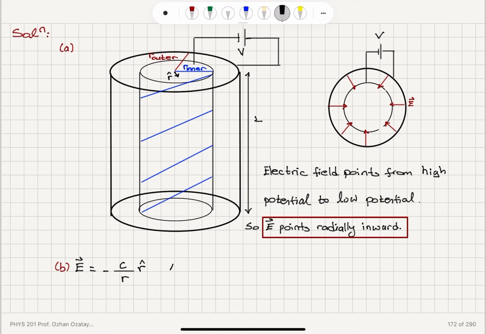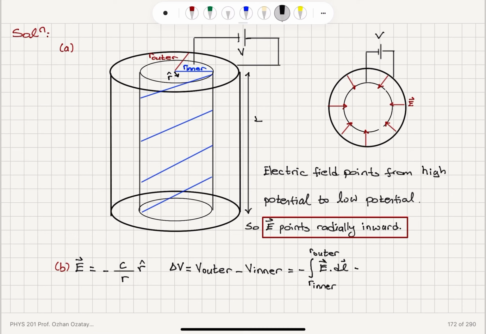The potential difference delta V between the outer conductor and the inner conductor, V outer minus V inner, the potential of the coating with respect to the core, is minus the integral from R inner to R outer. We're going from the inner conductor to the outer conductor, E dot dl, the path integral.